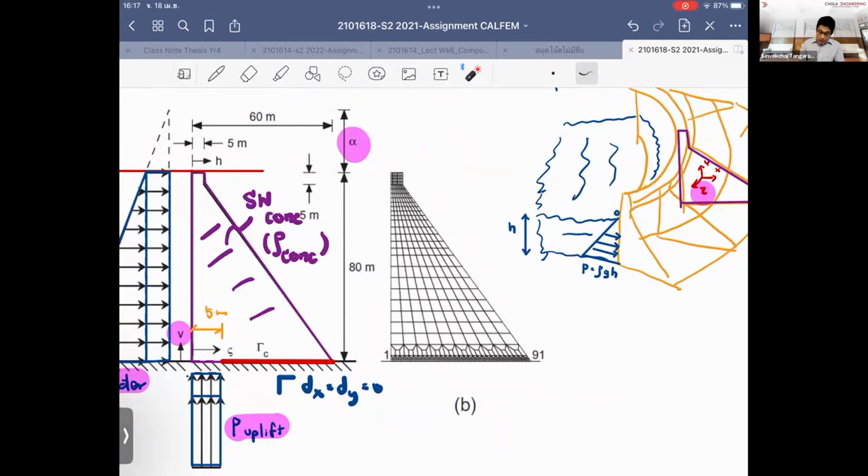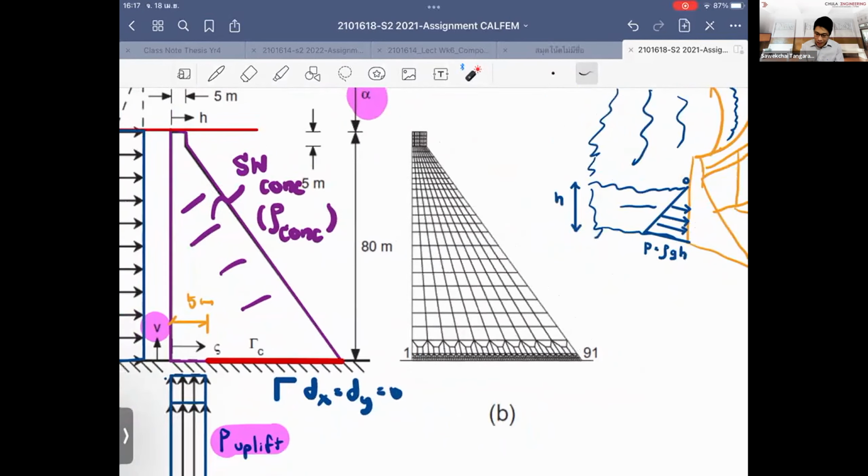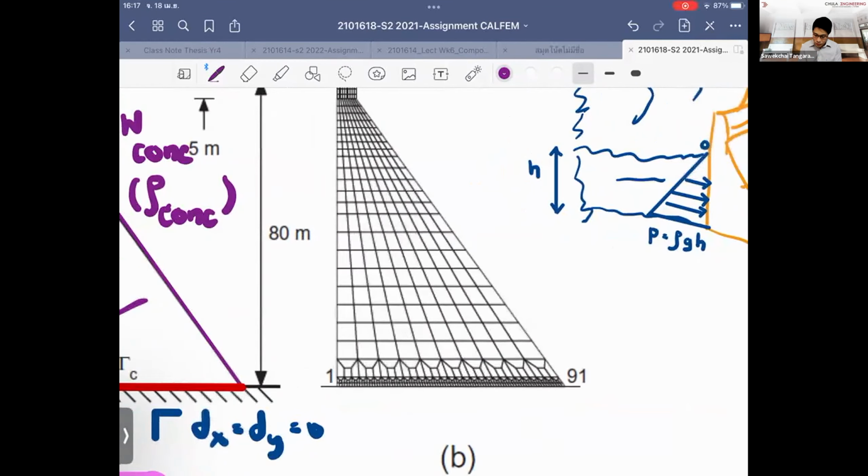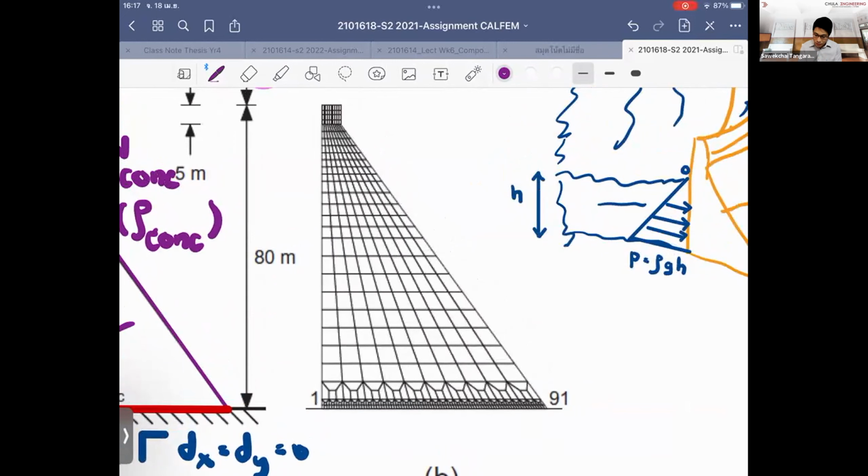To analyze this, we model it as plane strain. And when we analyze it, you have to use the software. But the model that we have here is a bit more sophisticated, a bit more difficult. Rather than the uniform one, you can model the dam by having this boundary condition as what we used to discuss before.